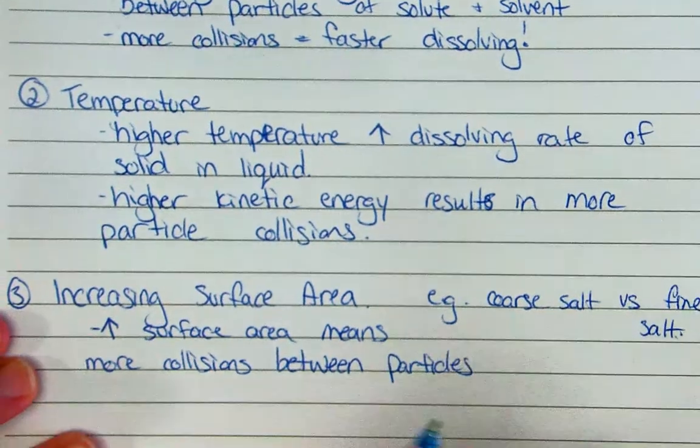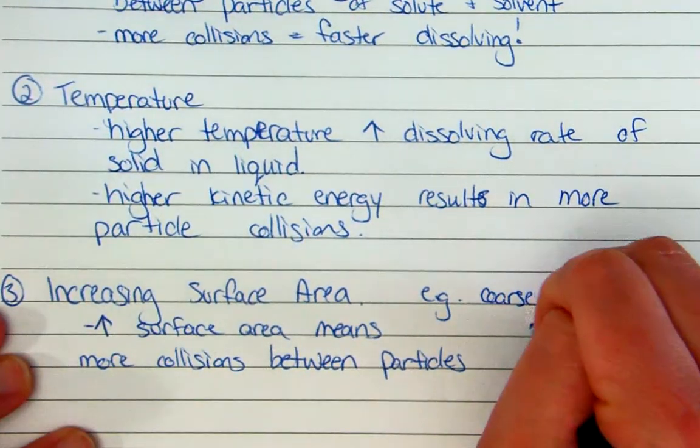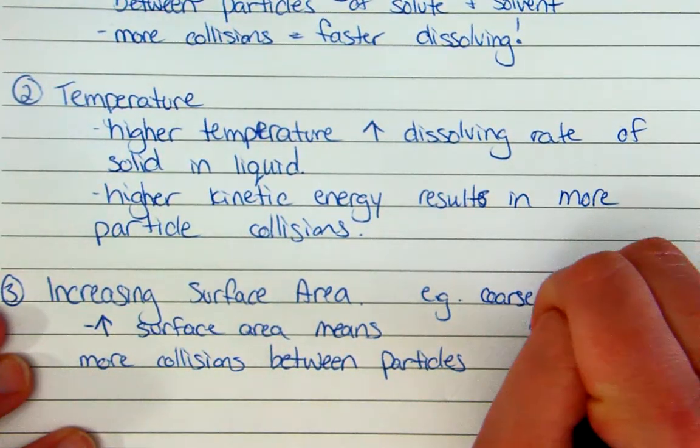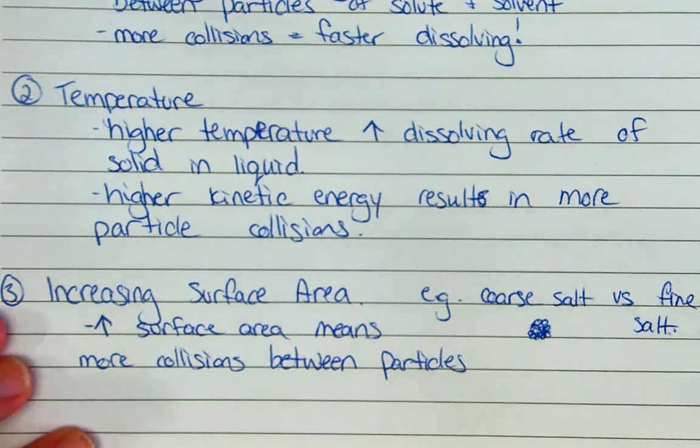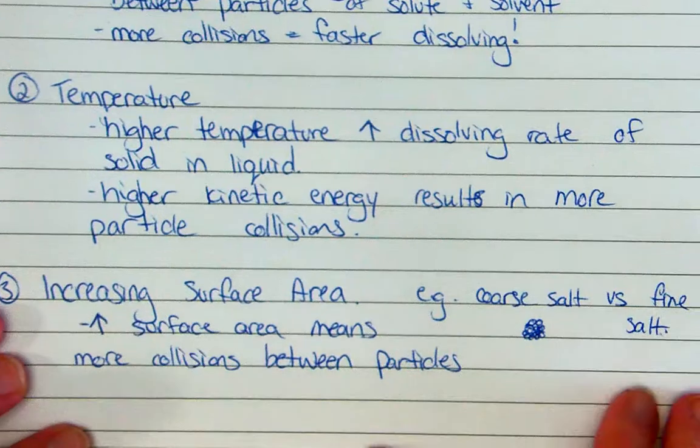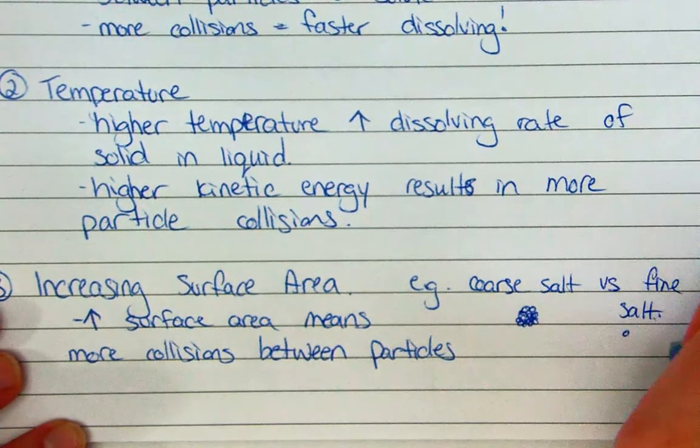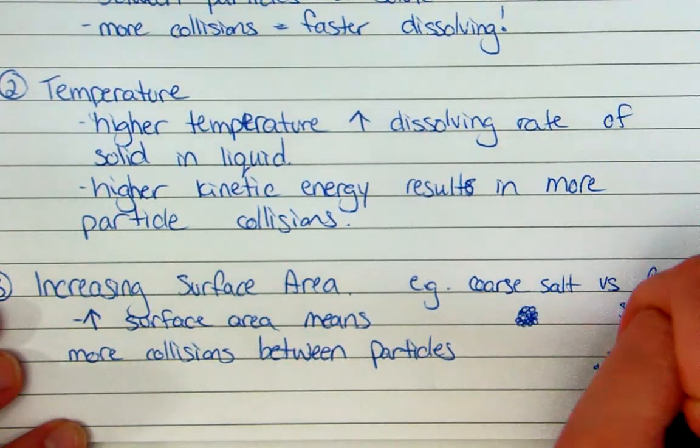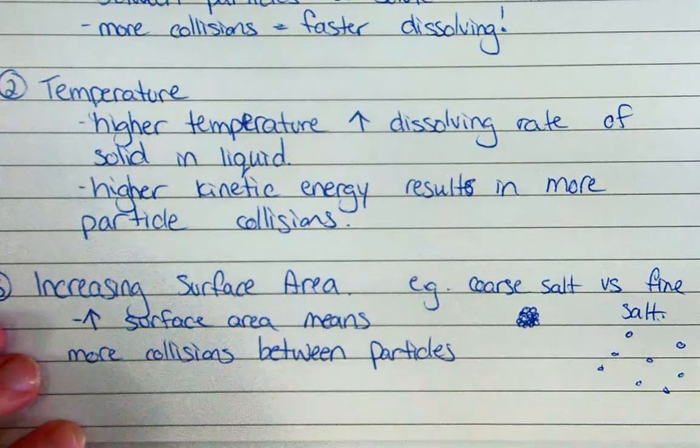And let me draw you a little picture here. If I had my coarse salt, which has the same number of particles as the fine salt, but it's all condensed here in one blob, whereas the fine salt, the same number is spread out.